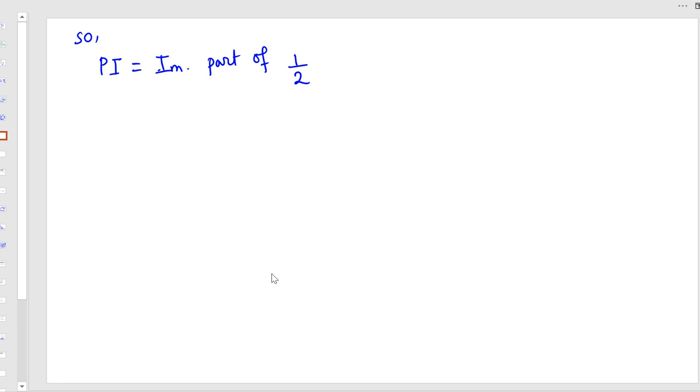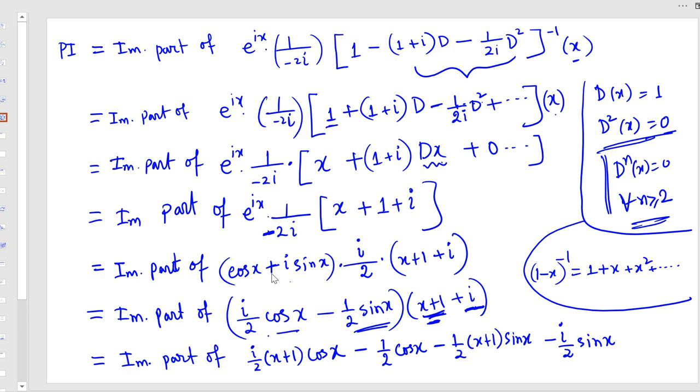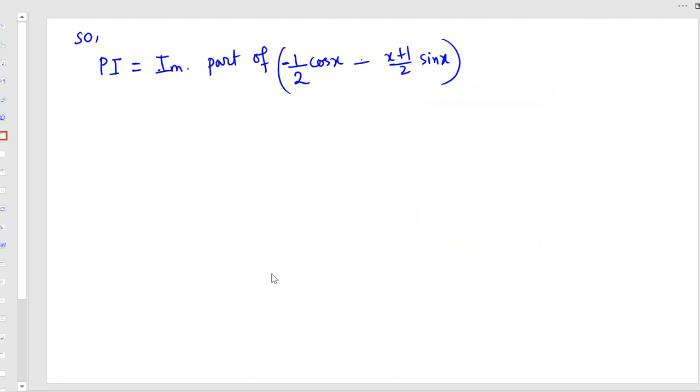So half minus half cosine of x, not plus, this is minus x plus 1 by 2 into sine of x. From here, this one and this one are our real part, and these two are our imaginary part. So we'll write it as plus I times x plus 1 by 2 into cosine of x minus I 1 by 2 sine of x.